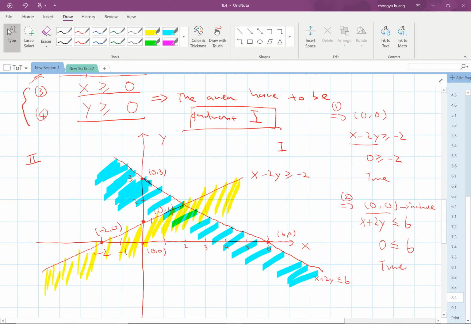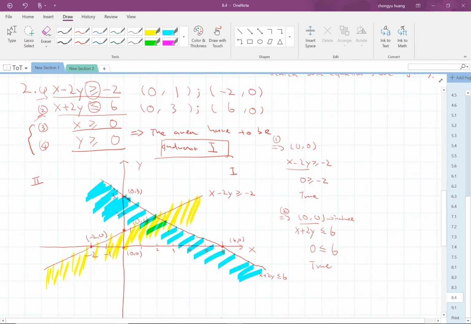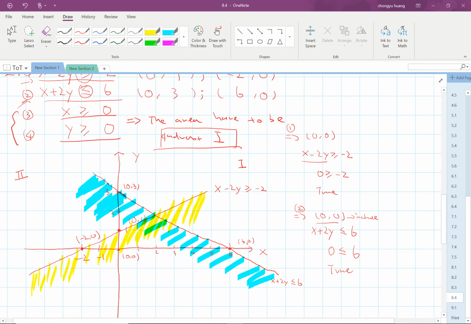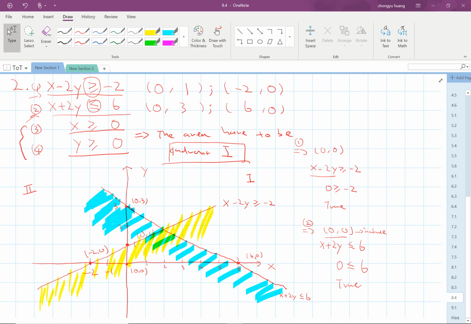Okay, so now we are trying to find the common area, like the area where both equations have the same values. This area has to be in quarter 1. Let me think about the area.